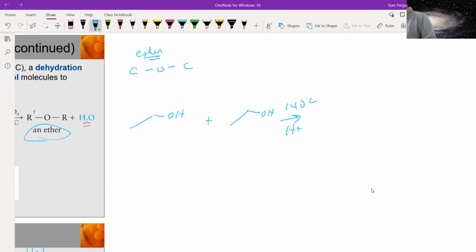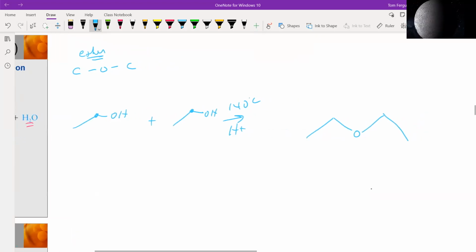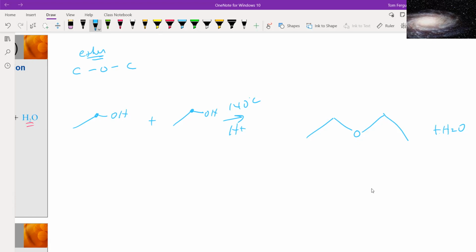So that carbon and that carbon are going to be stuck together with an O. I'm going to kick off water as well. All right, so at 140, we're going to stick the two alcohols together at their OH groups. So those two, the carbons attached to each OH group will be stuck together via an ether bond.